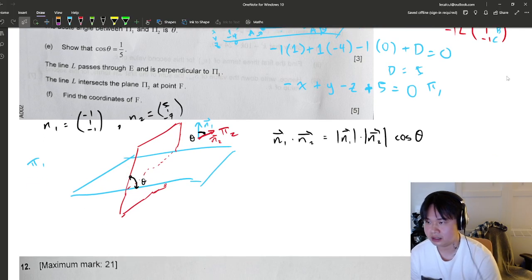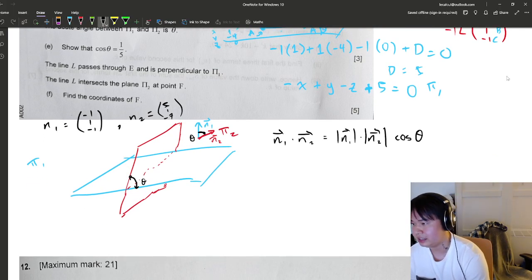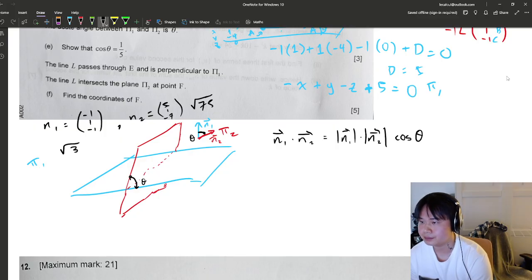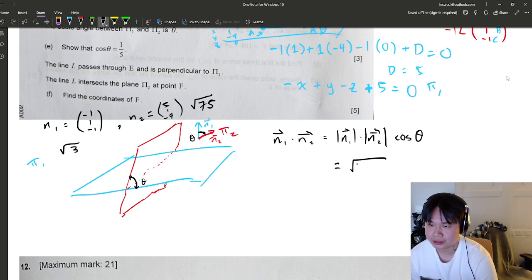I need to find the length of them. This one is √3. This one is 25 plus 1 plus 49, which is 75, so √75. So on the right side, we have √3 times √75, times cosine theta.